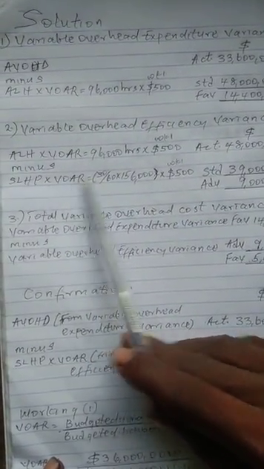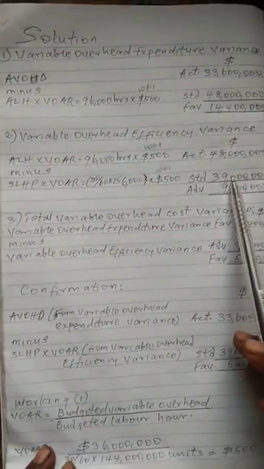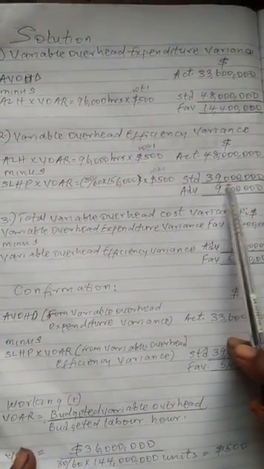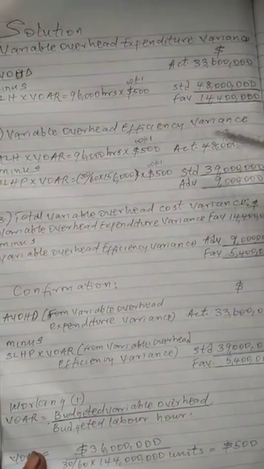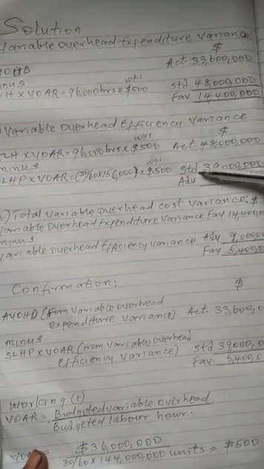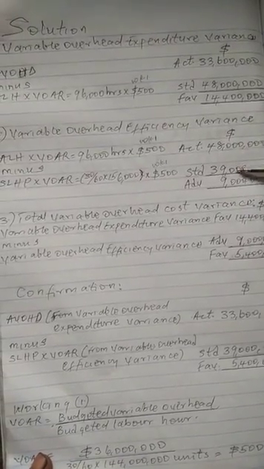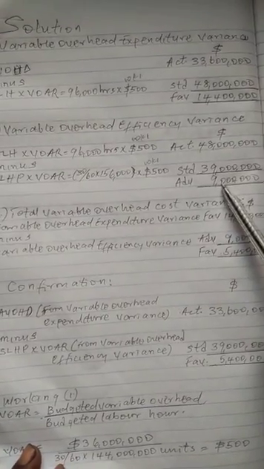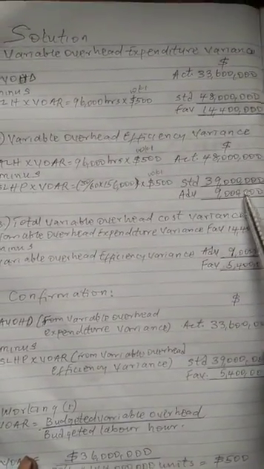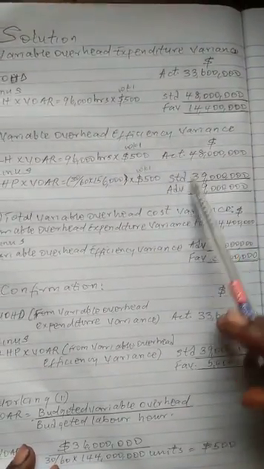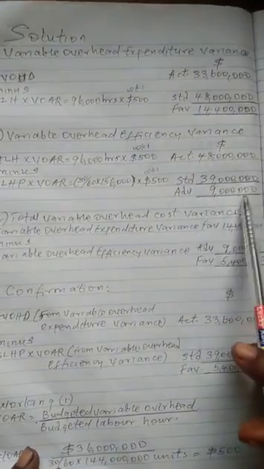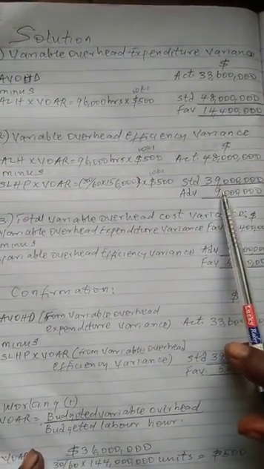So multiply it together and you have 39 million. So this is the actual, this is the standard. When you adjust it with each other, you have 9 million. In this case, actual is higher than the standard. You have the adverse. Look at it.